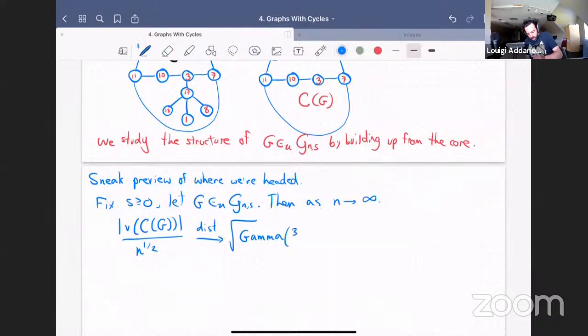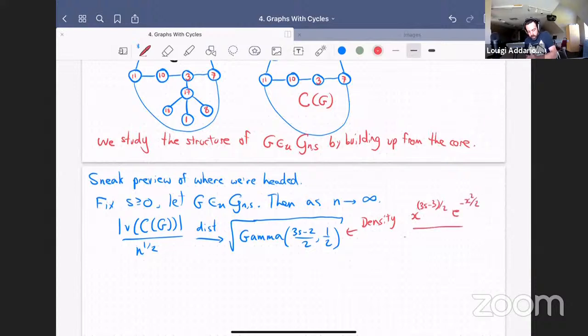The gamma now has parameters (3s minus 2) over 2. Okay, so this is a random variable with density x to the (3s minus 3), e to the minus x squared over 2, over 2 to the (3s minus 4) over 2, gamma of (3s minus 2) over 2, for non-negative x.